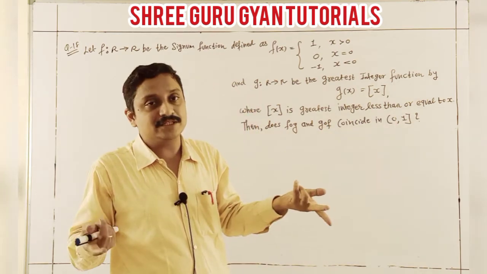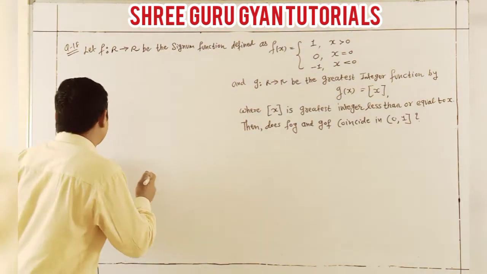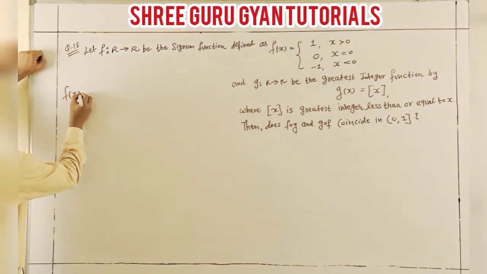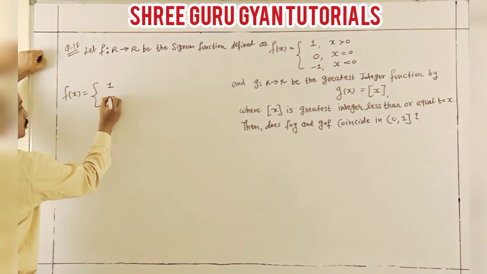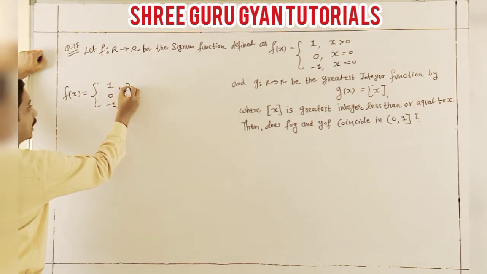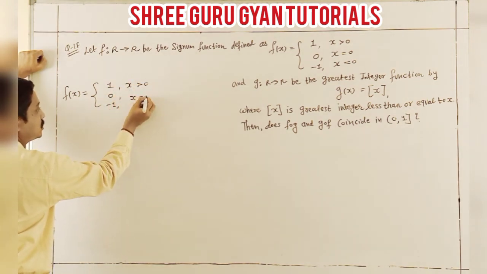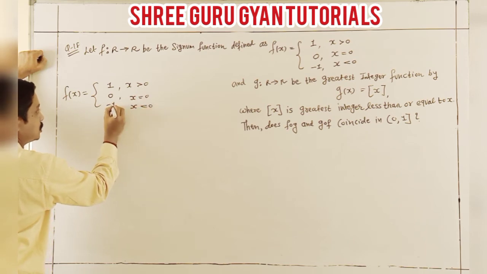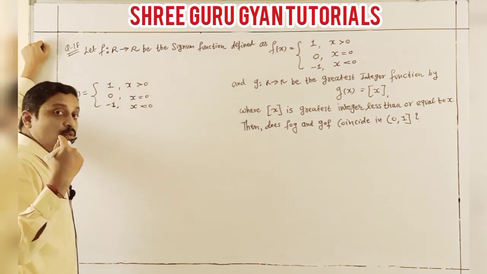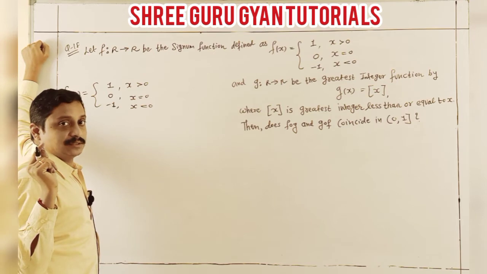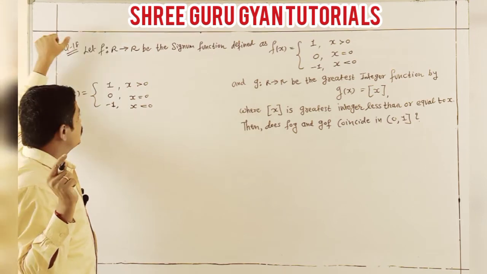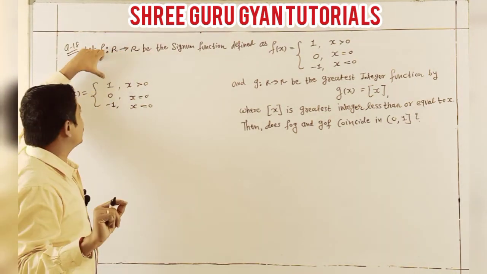Very easy, students. First of all, I go into our f(x) function: 1, 0, -1, for x greater than 0, x equals 0 and x less than 0. Students, greater than 0 means more than 0. Any value you take, your answer must be 1.